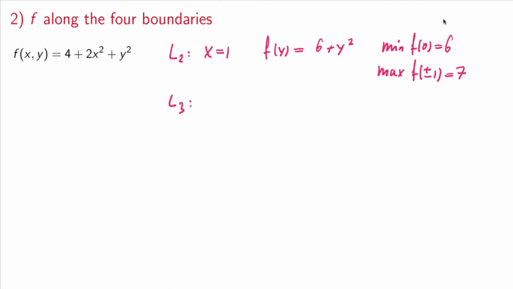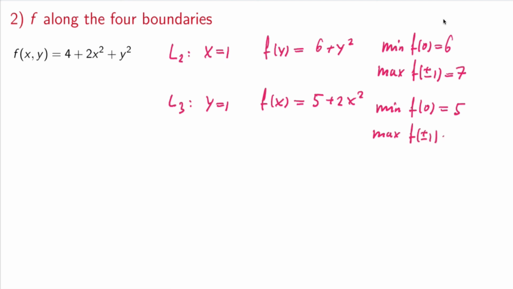On L3, on the top, we have y equal to 1. So then we keep a function of x by subbing in y, which is 5 plus 2x squared. That's the same we studied already, so we have the minimal value at 0, which is 5, and the maximum value at plus or minus 1, which is 7.